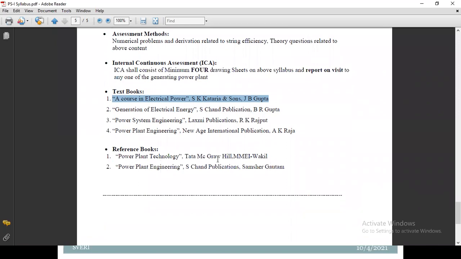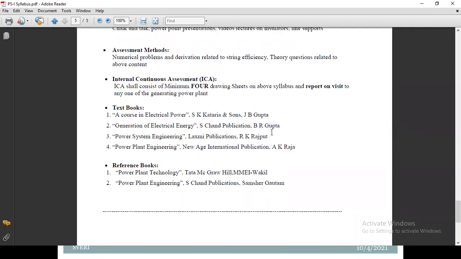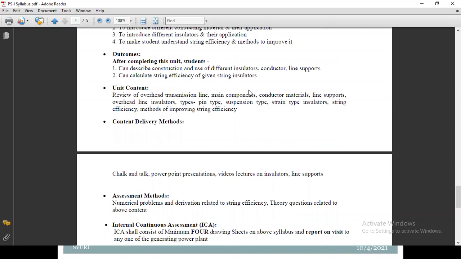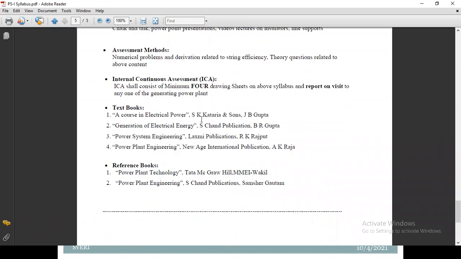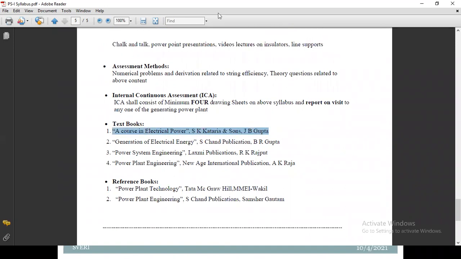Power Plant Technology by Tata McGraw-Hill publication, and next Power Plant Engineering by Yash Chand publication. But as far as my opinion is concerned, I will give you one suggestion: you can refer to A Course in Electrical Power by JB Gupta.